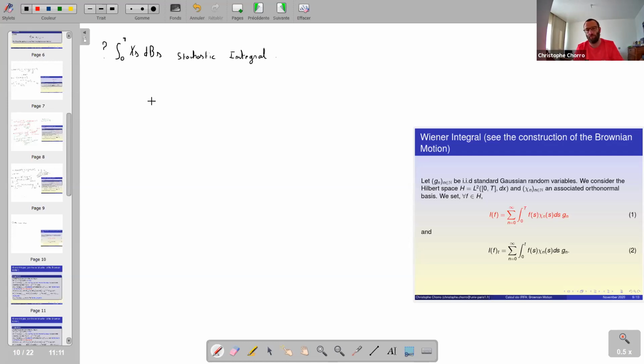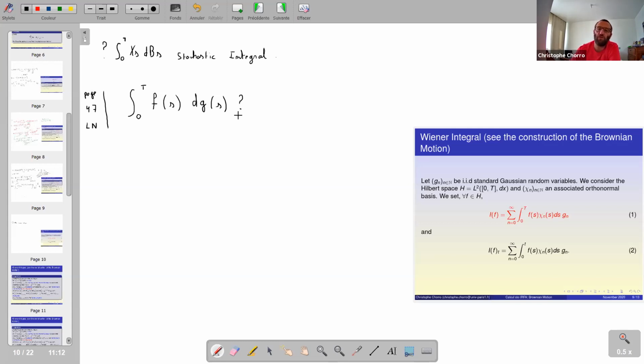So suppose that you are in classical analysis and that you have this object to define. I won't enter into the details of what we are going to talk about now, but if you want more precision, you can have a look at page 47 of the lecture notes.